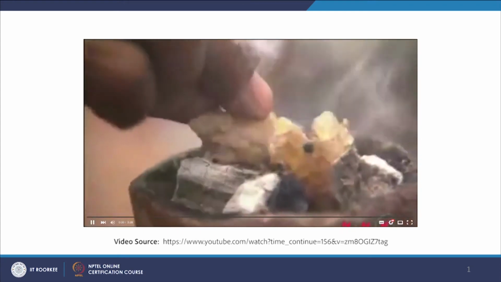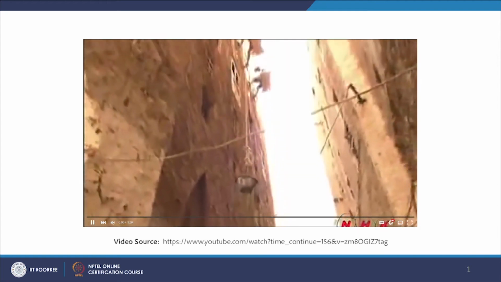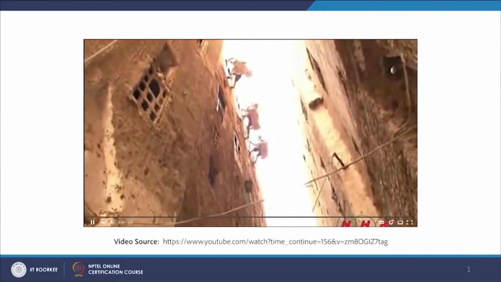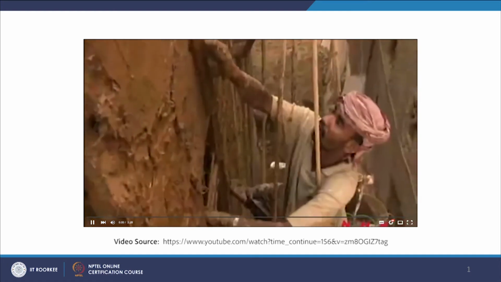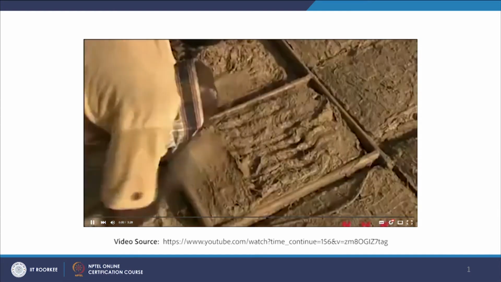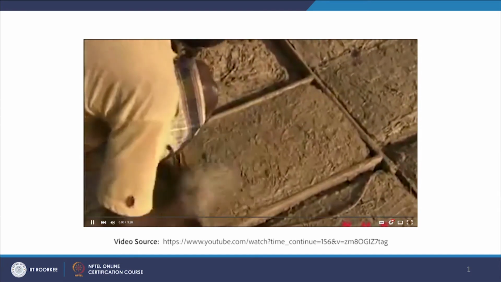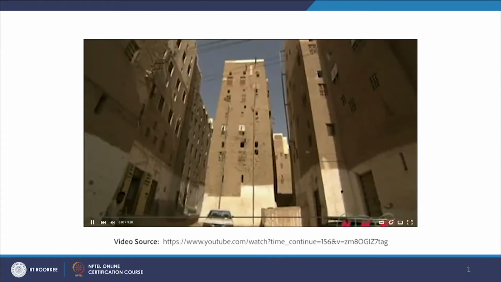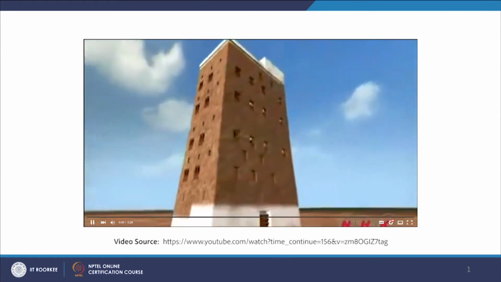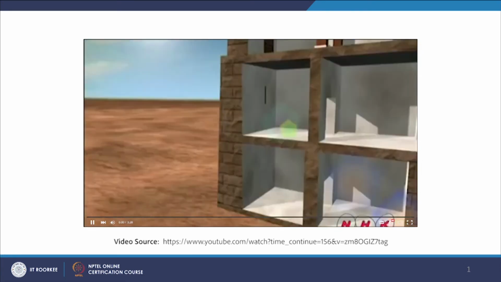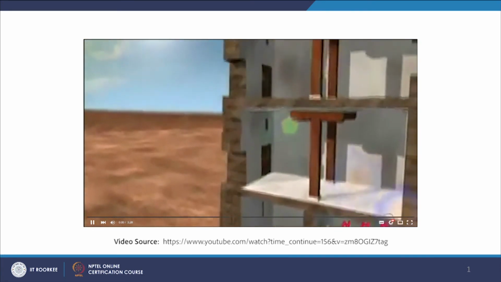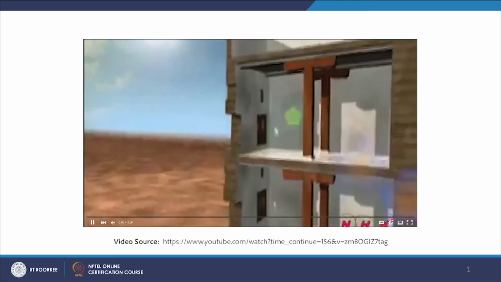A bucket is being lifted up for house repair work. Earthen walls need to be replastered every now and then after erosion from wind and rain. These craftsmen are making bricks. The bricks become gradually smaller for the higher floors, which means the building walls gradually become thinner, forming a trapezium shape. The walls are thinner on higher floors to reduce the pressure on lower floors, making the building strong and stable.